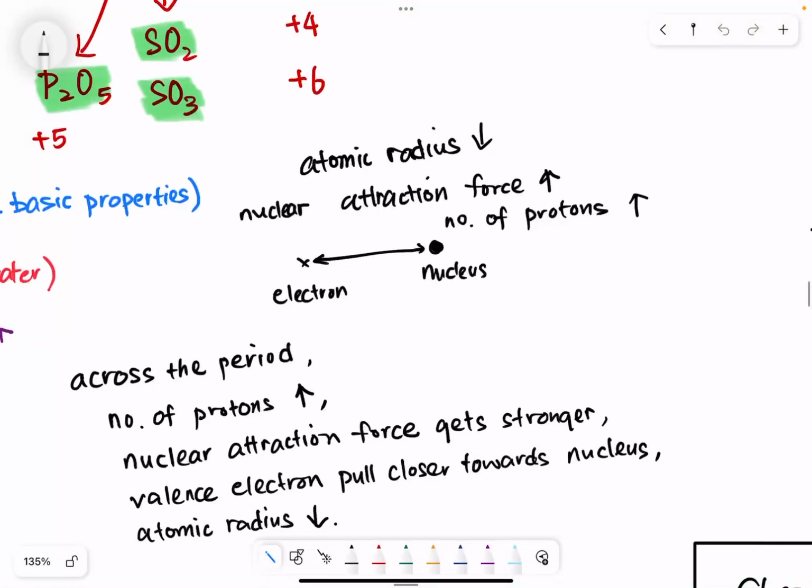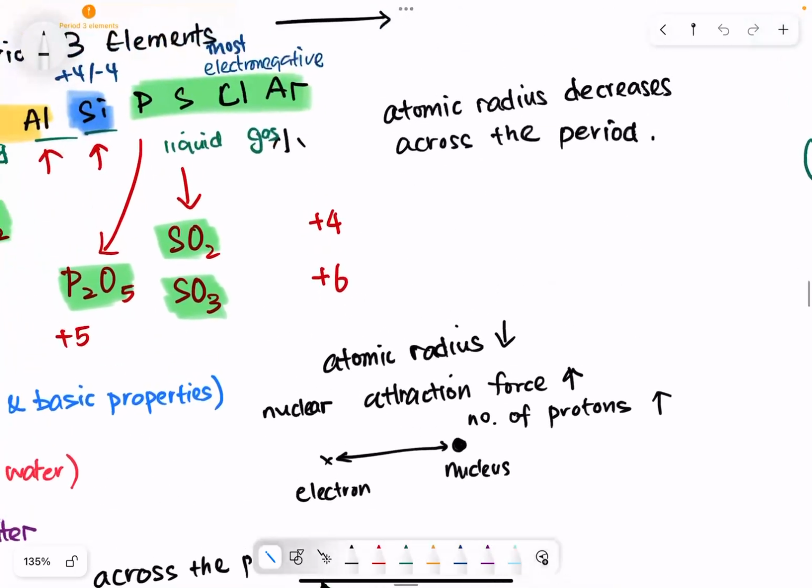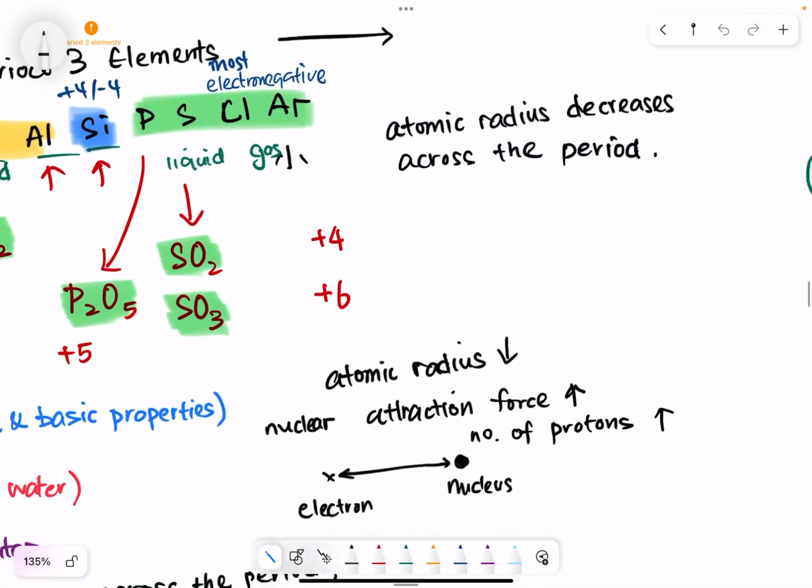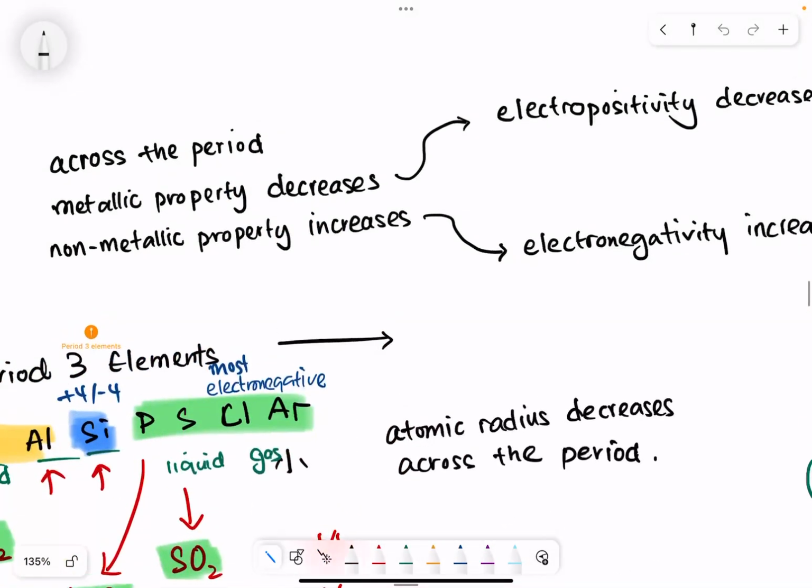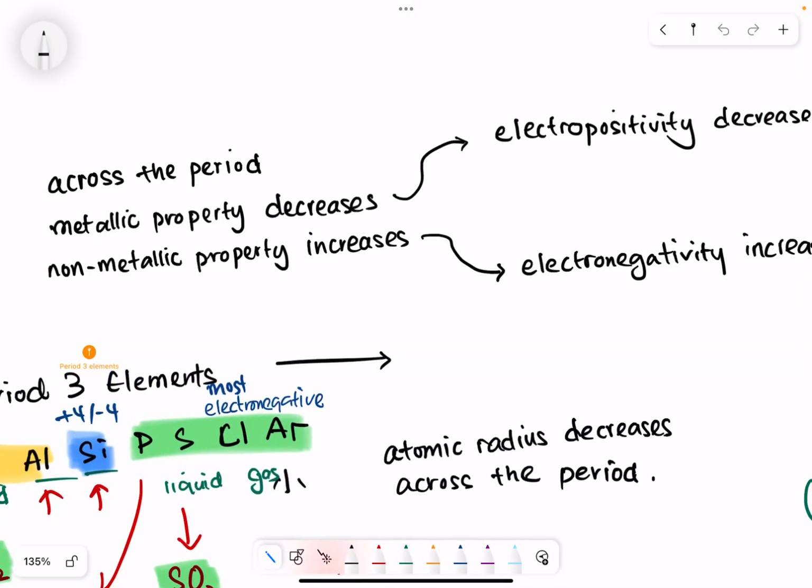Now, there's another thing that is worth mentioning and quite closely related to this, which is the metallic property and the non-metallic property. The metallic property is quite close to how we define it: it's the tendency of losing electrons. So if you can lose electrons easily, then the metallic property is high.